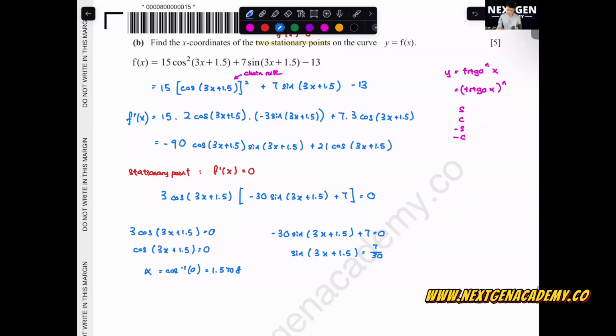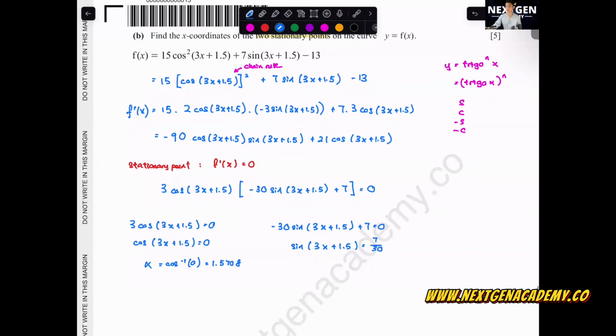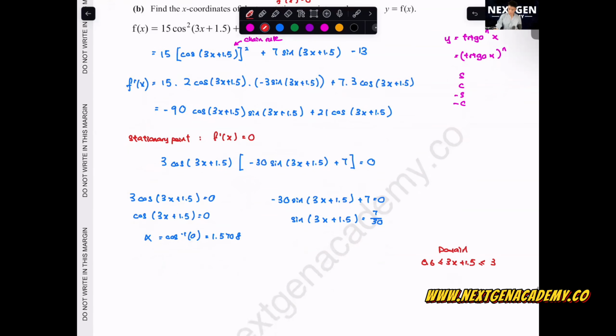Since they're only asking us to find x coordinates, we will just put the value. We still need to find it within the domain. Let's write here the domain for 3x plus 1.5: it is within 0.6 to 3.